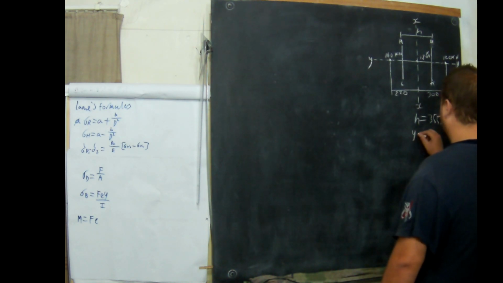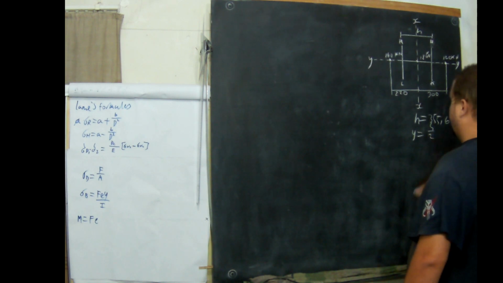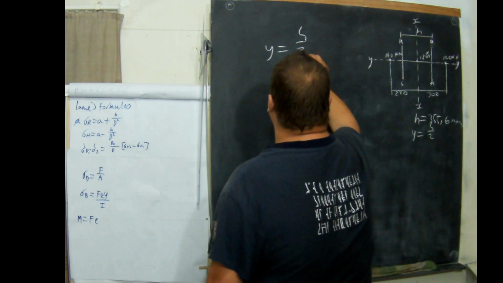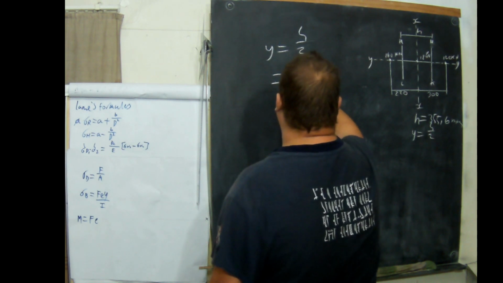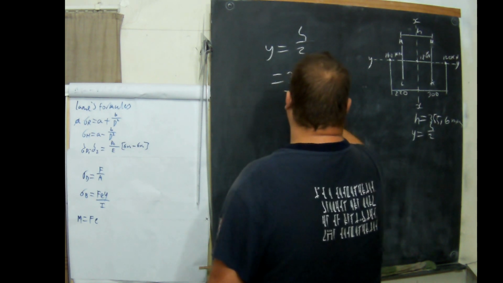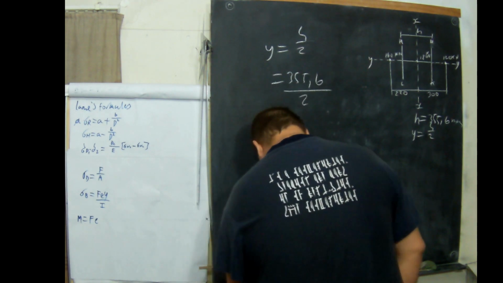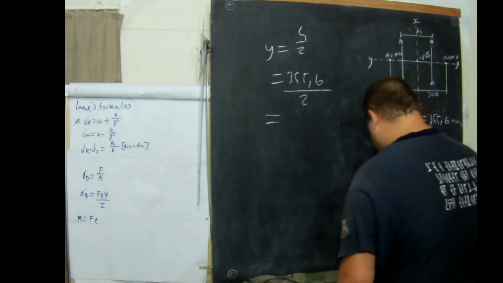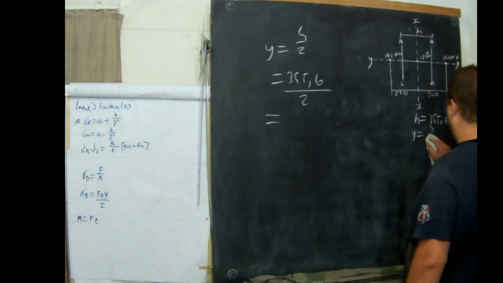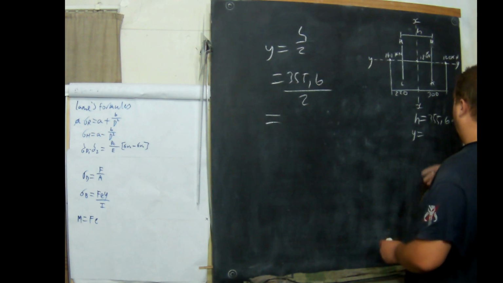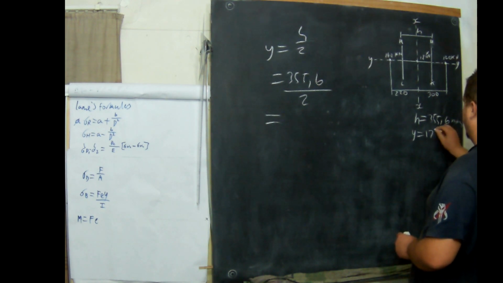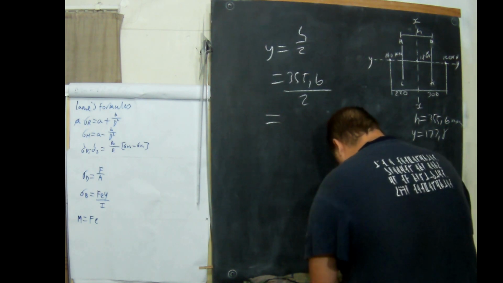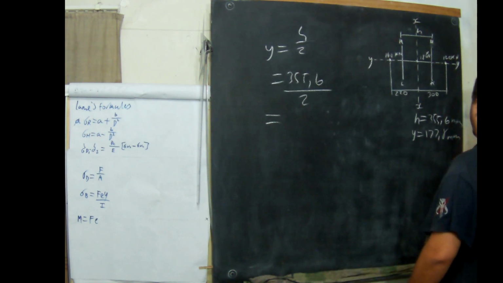So Y equals H over 2, so 355,6 over 2, which is 177,8. Y is 177,8 millimeters.